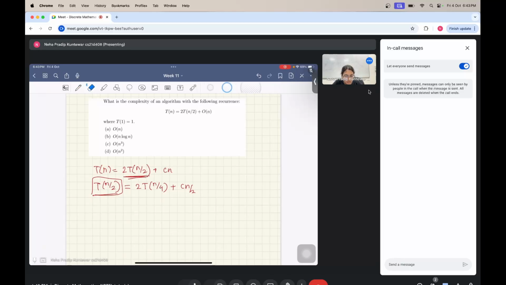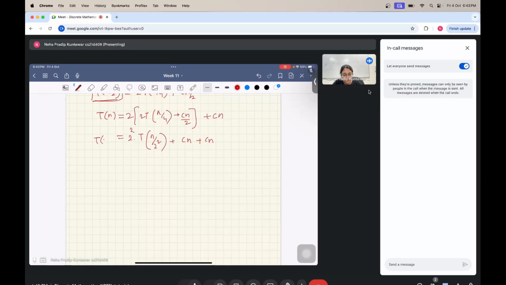So what does T(n) become? T(n) is 2 times T(n/4) plus Cn/2 plus Cn. And now I'll multiply this out, so this becomes 2 squared times T(n/2 squared) plus Cn plus Cn, and that is your value of T(n). Now you expand this further.